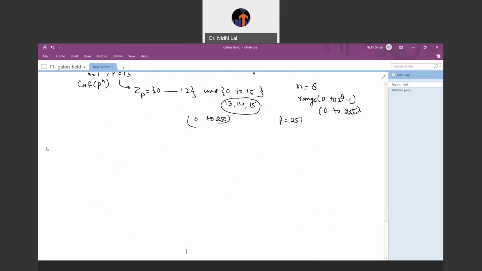So that's why it is suggested that instead of using GF(p^n), we have to stick with GF(2^n) for computer related things, which enables all of the elements under the range.